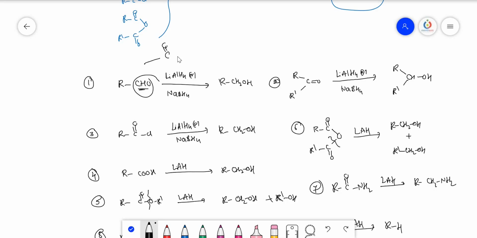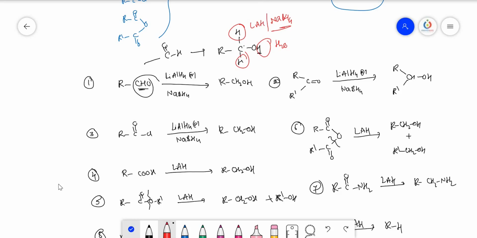Aldehyde means C double bond O. This has been converted to CH2OH. So the carbon is added with two hydrogens and this oxygen is added with one hydrogen. So this hydrogen came from the water, and these two hydrogens are from the lithium aluminum hydride or sodium borohydride.